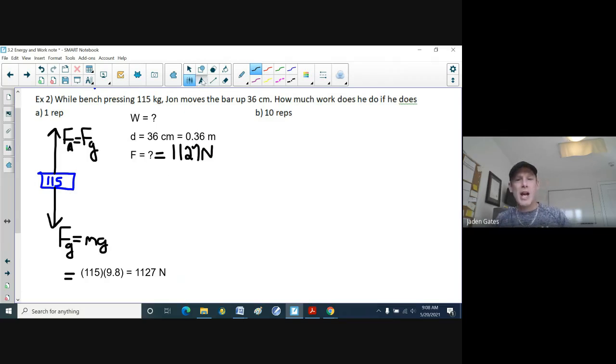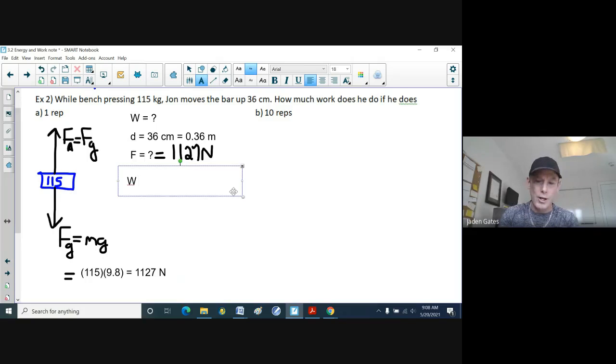All right, so now that I have the force, I can use that formula, which is work is equal to force times distance. So, of course, we had to figure some stuff out here first. All right, so work, again, our force here is 1,127 newtons. All right, our distance, again, in standard units is 0.36.